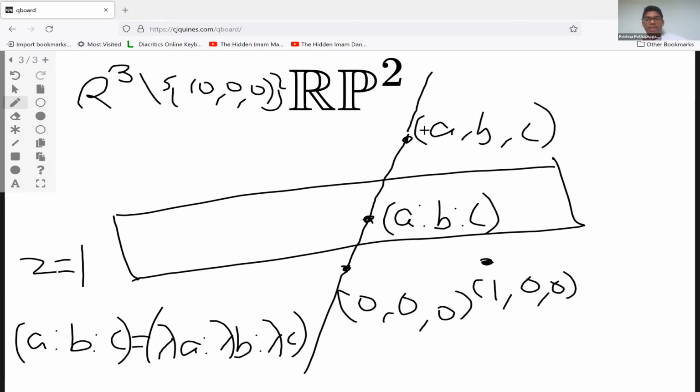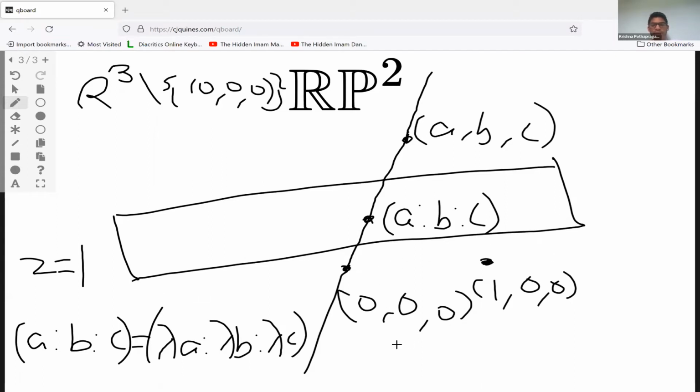we do our same projection, right? We take a point A, B, C, we say A colon B colon C on the plane z equals 1. So what happens if we take a point on the plane z equals 0 and do the same projection?